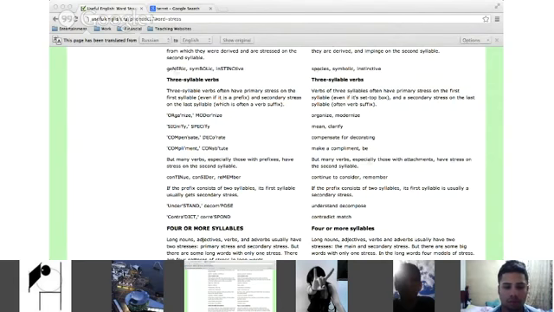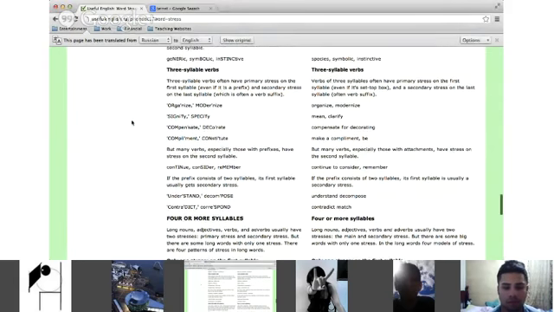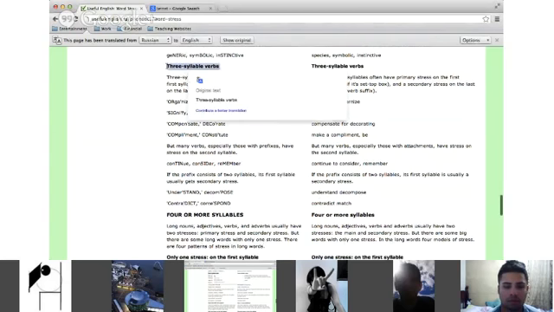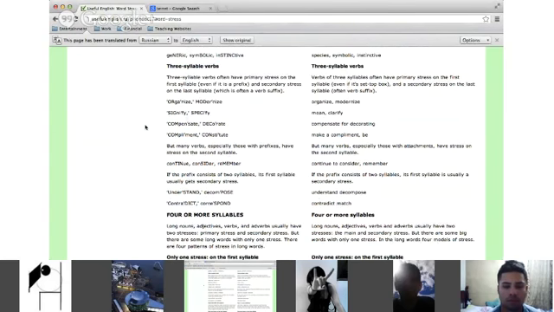Three-syllable verbs. It's underneath the adjectives. Okay, here we go.